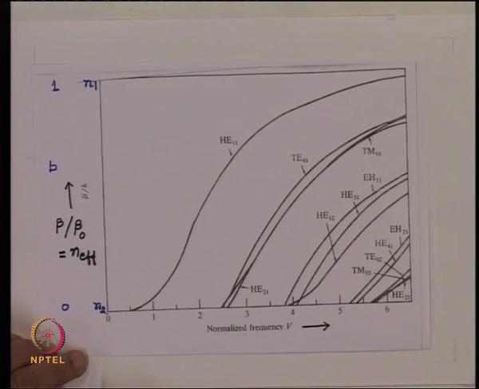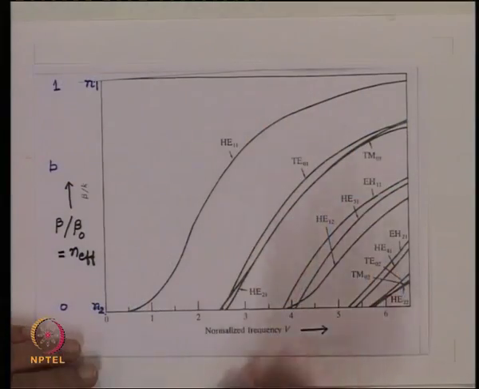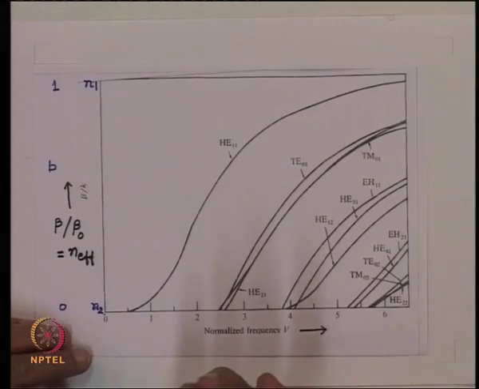So we find something very interesting, that between the range between V number 0 and 2.4, only one mode propagates, okay, and that mode is not transverse electric or transverse magnetic, that mode is a hybrid mode. So it is very interesting that the mode which is predominantly propagating on the optical fiber has in general all 6 components associated with it.